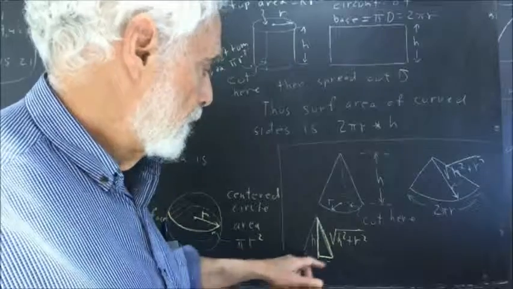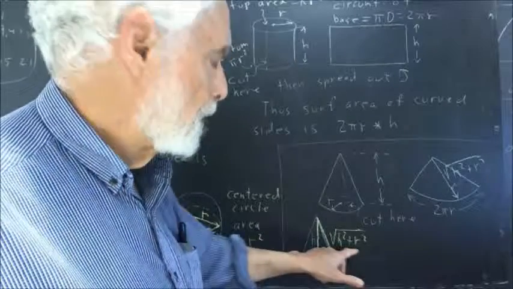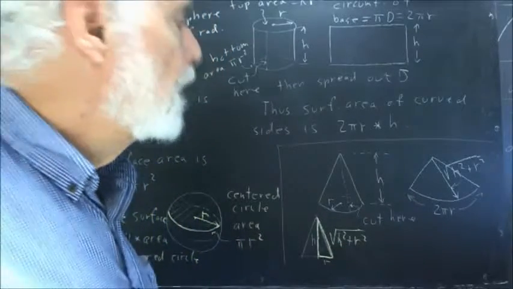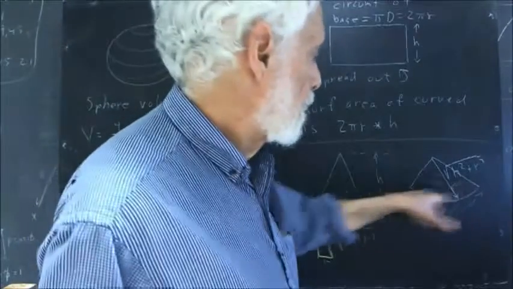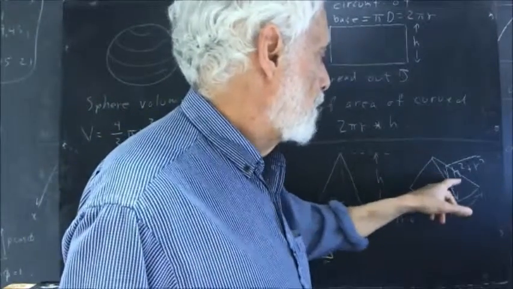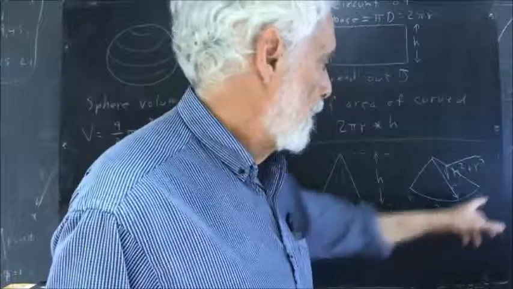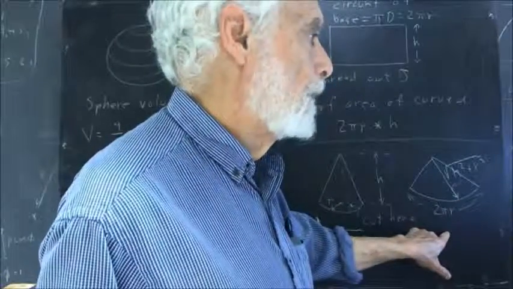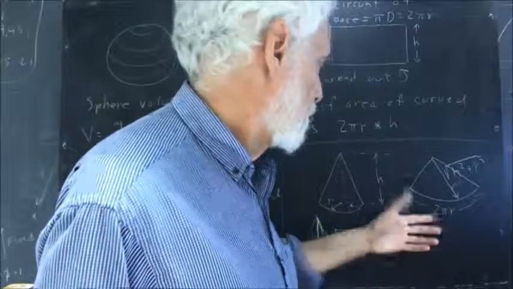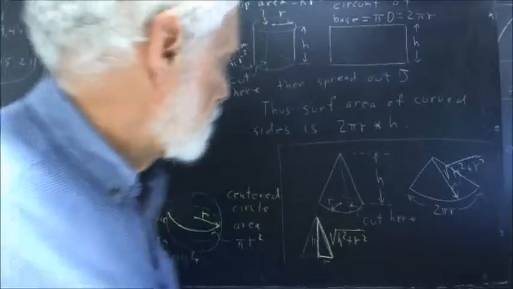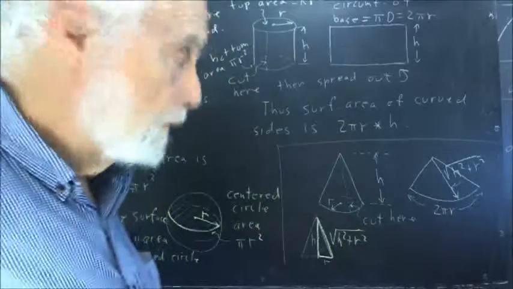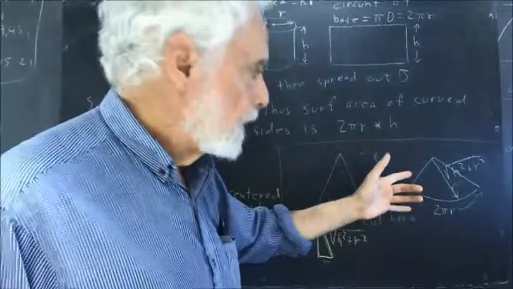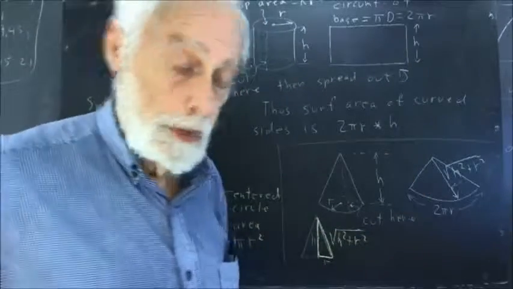And using the Pythagorean theorem, we find that this length is the square root of h squared plus r squared. So now we know that this is an arc of a circle whose radius is the square root of h squared plus r squared, and the arc length is 2 pi r. And from that, we're going to be able to reason out the area of the cone, and that's where the formula that you see in your book for the area of a cone comes from.